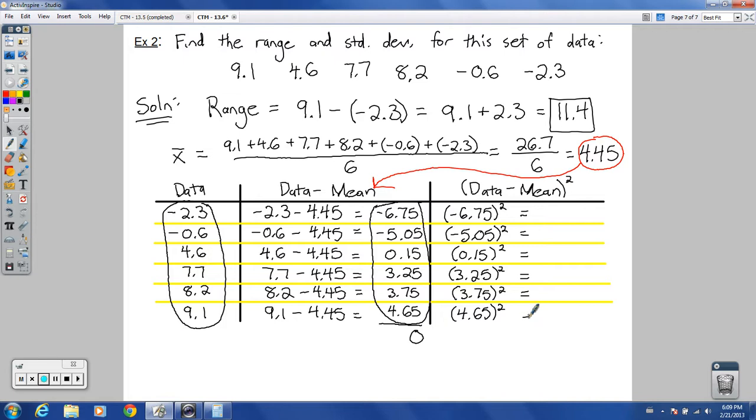Okay, so we've got this. You square that, you're going to get a number with 4 decimal places. I'm going to include all of those decimal places because I want as exact an answer as I can get. So 45.5625.